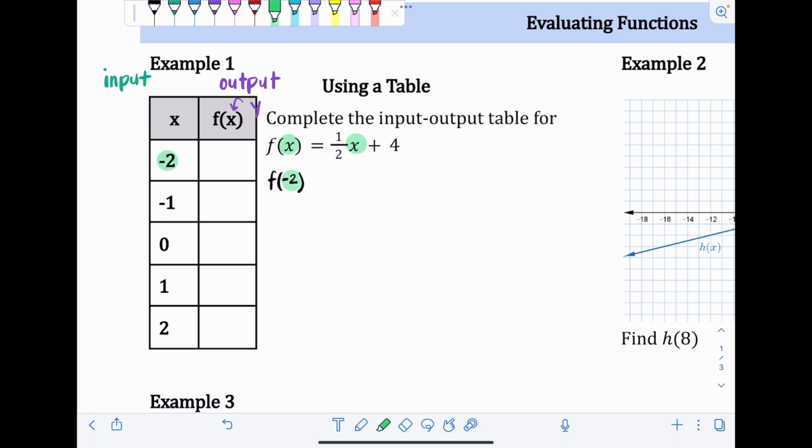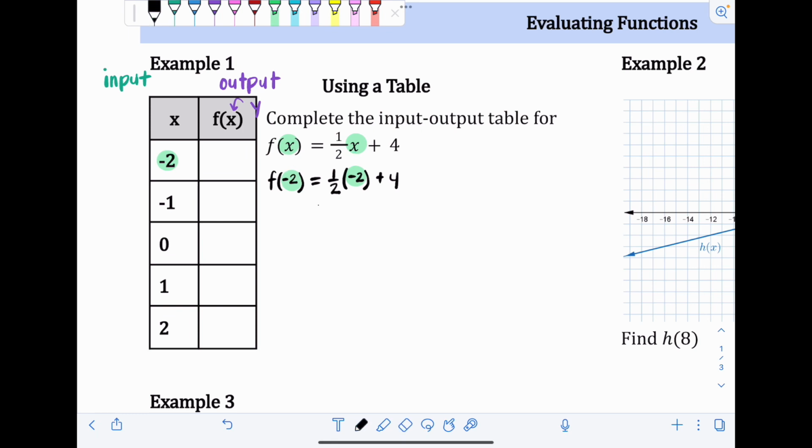So the -2 replaces that x, and it's also going to replace this x. So it'd be f of -2 equals 1/2, and then times -2 here as well. So that -2 goes in anywhere you see an x, and then we bring down the +4. Everything else in the equation stays the same, just the x's get swapped out for -2's, and then we simplify.